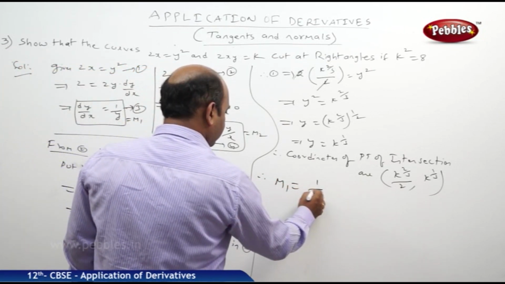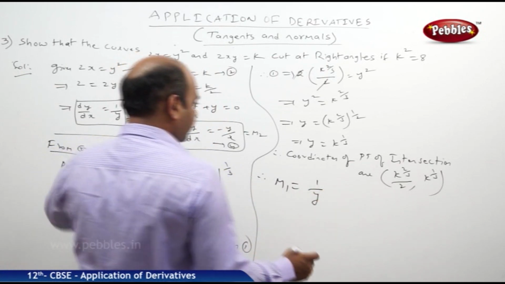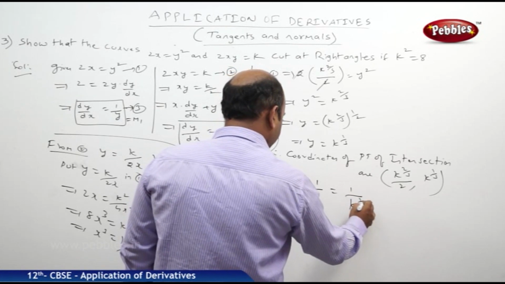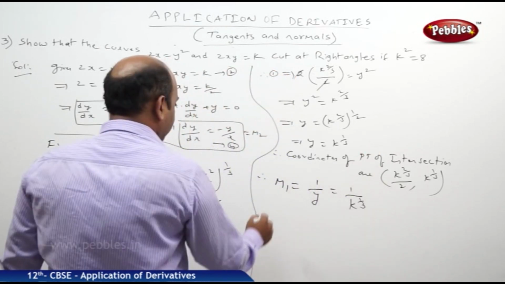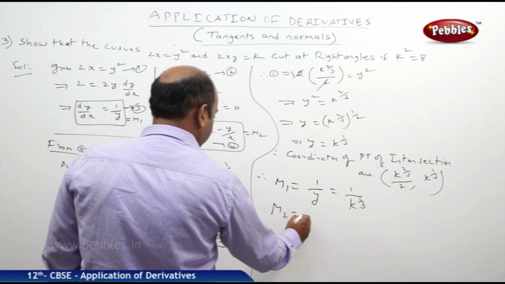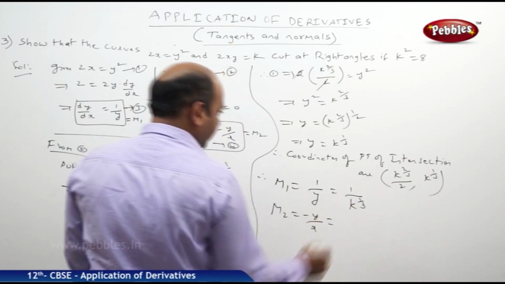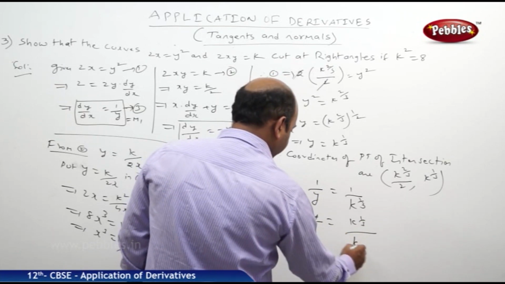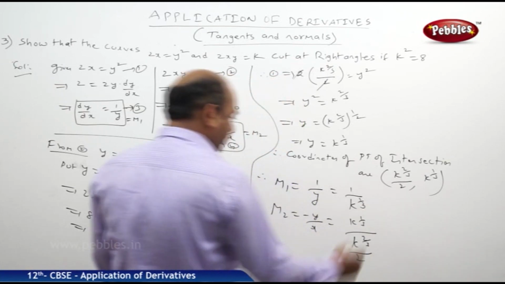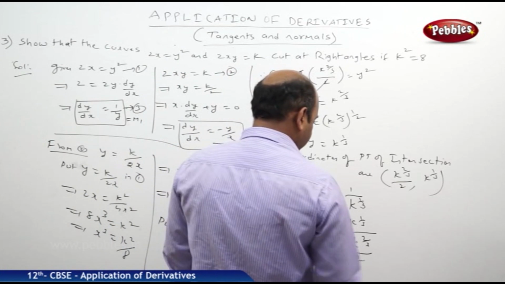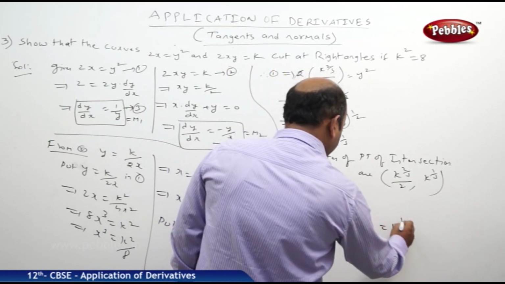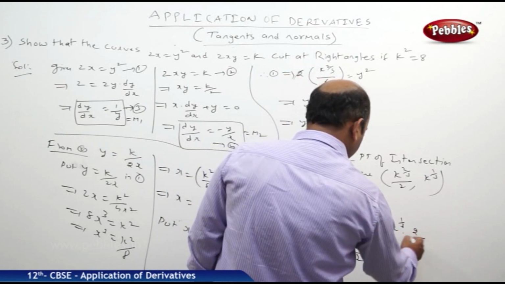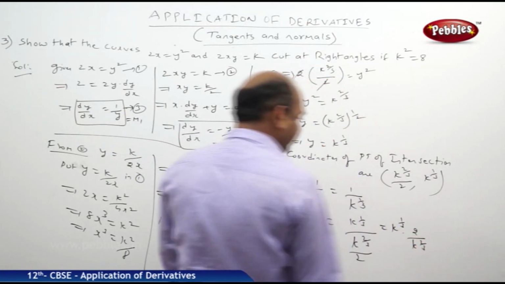Therefore, I can find now m1. Therefore, m1 is equal to 1 by y, because from 3. So, 1 by y means 1 by k power 1 by 3. And later again m2 is equal to minus y by x. So, finally, what I will be getting? k power 1 by 3 by k power 2 by 3 by 2. So, this can be written as k power 1 by 3 into 2 upon k power 2 by 3.